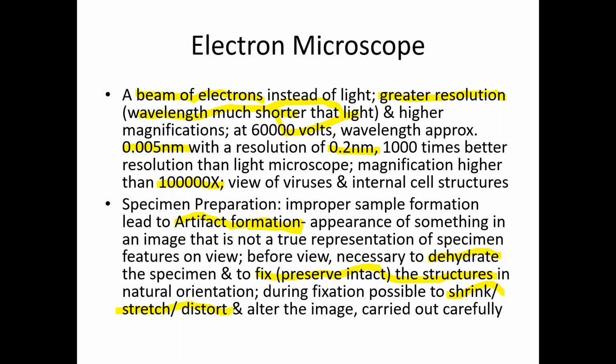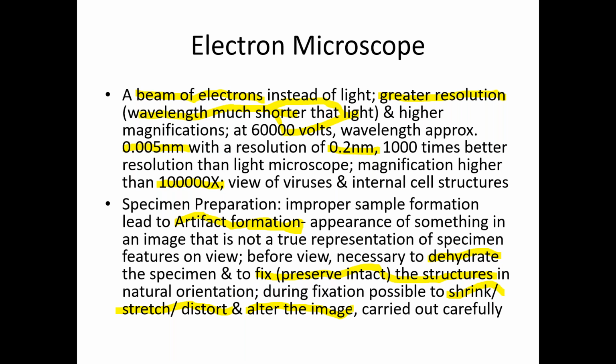So all these problems must be taken care of when we are doing fixation. If shrinking, stretching, or distortion is happening, the image will be altered, the image will be changed.